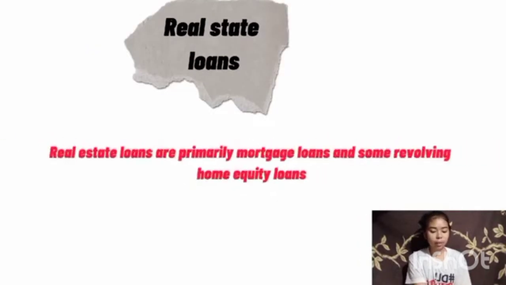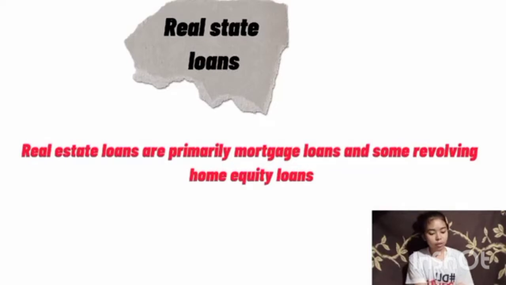Real estate loans are primarily mortgage loans and some revolving home equity loans. For banks, residential mortgages are the largest component of the real estate loan portfolio. Recently, however, commercial real estate mortgages have been the fastest growing component of real estate loans.